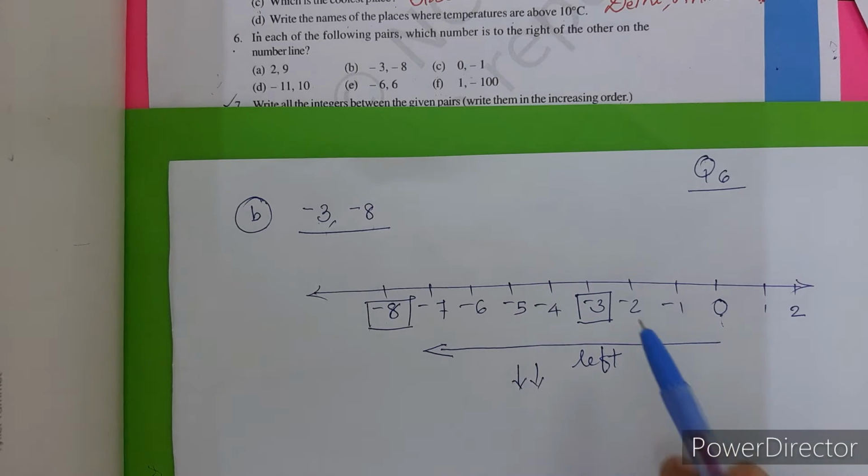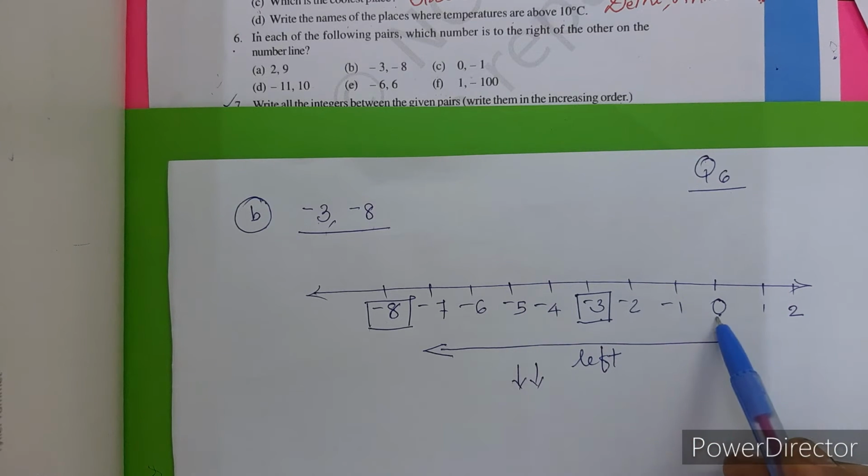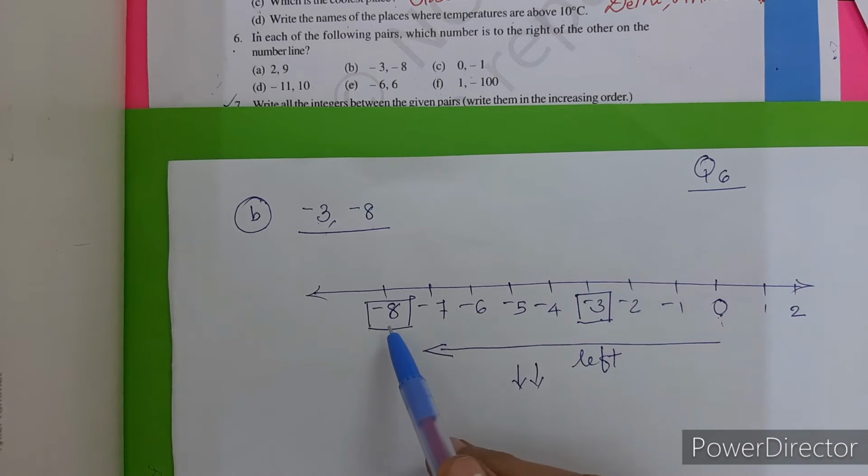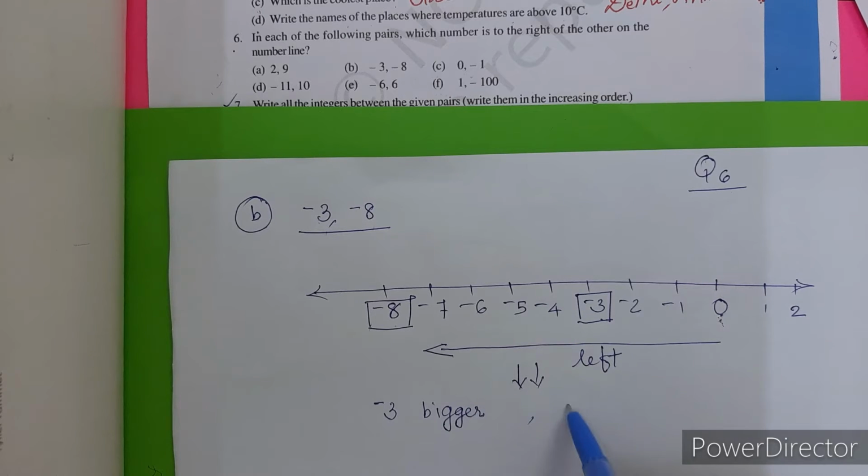So minus 3 is near 0 and minus 8 is far from 0 compared to minus 3. So minus 3 is the bigger number and minus 8 is smaller compared to minus 3.